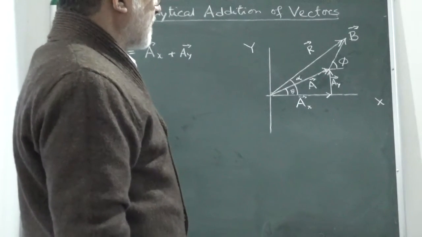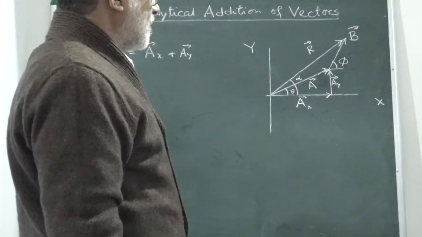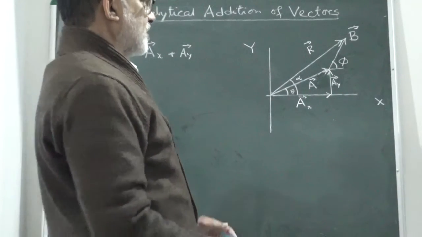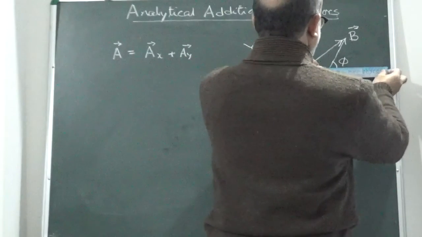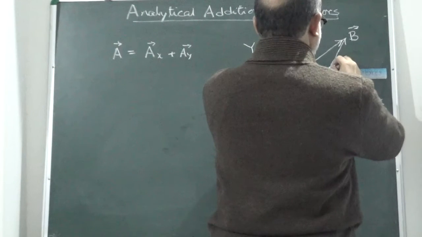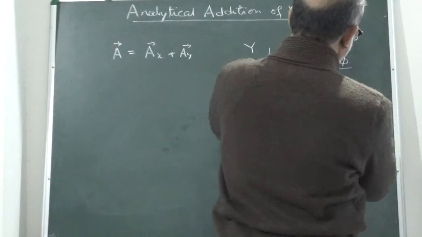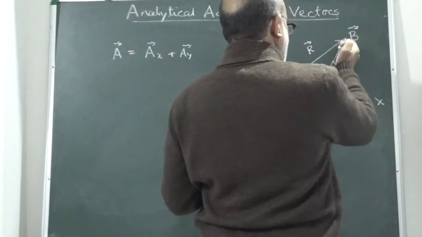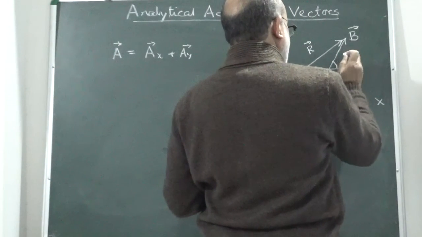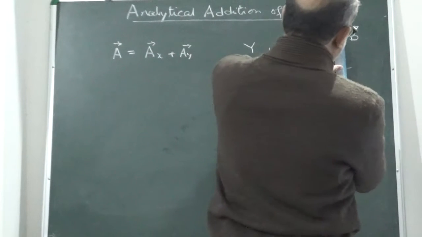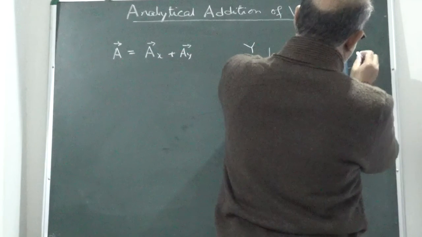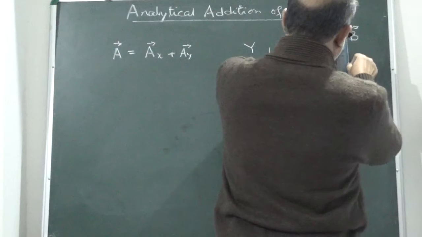Now we resolve the vector B along the x-axis and y-axis. Let's draw a perpendicular.